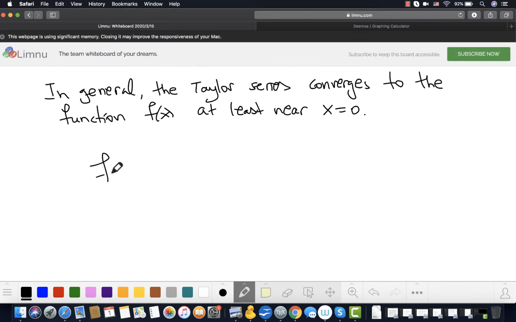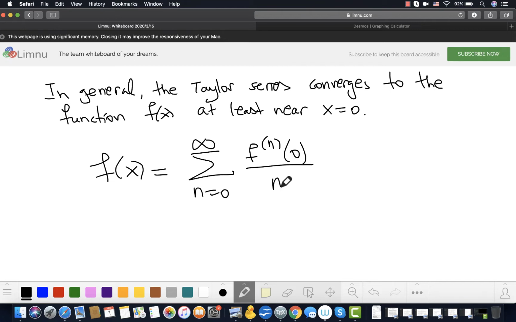What I'm saying is that we expect the Taylor series, the sum from 0 to infinity of the nth derivative at 0 divided by n factorial times x to the n, will converge, and the value of this convergent series will be the function value f of x itself. Let me call this relation star.